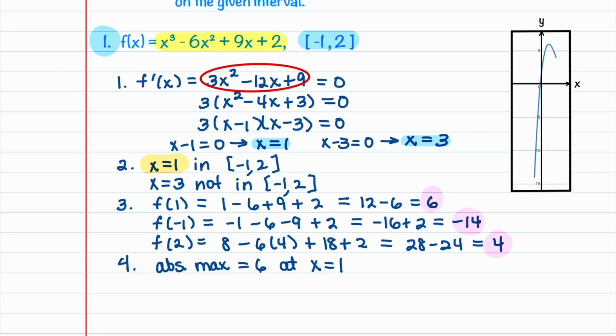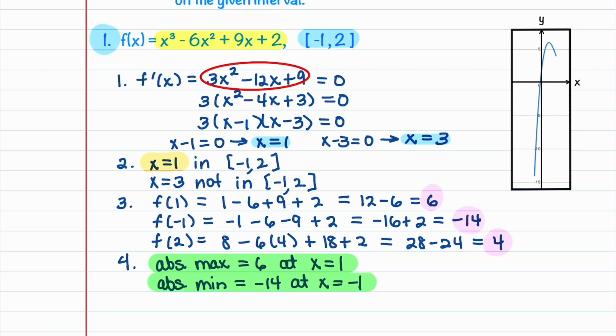And now let's look at our pink values and see the smallest one. The smallest one is -14, so we have an absolute min equal to -14 at x equals -1. And those are our answers to our problem.